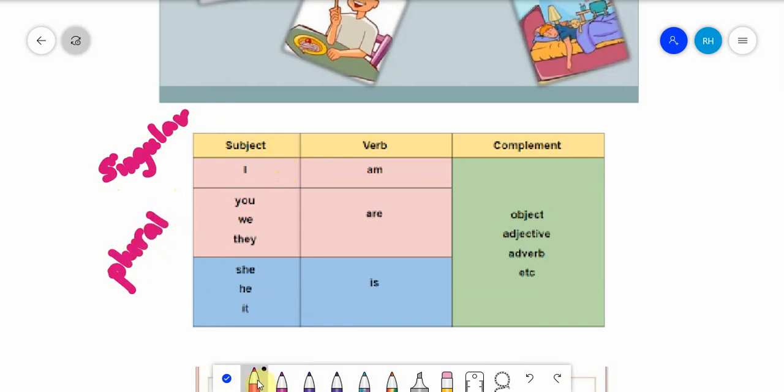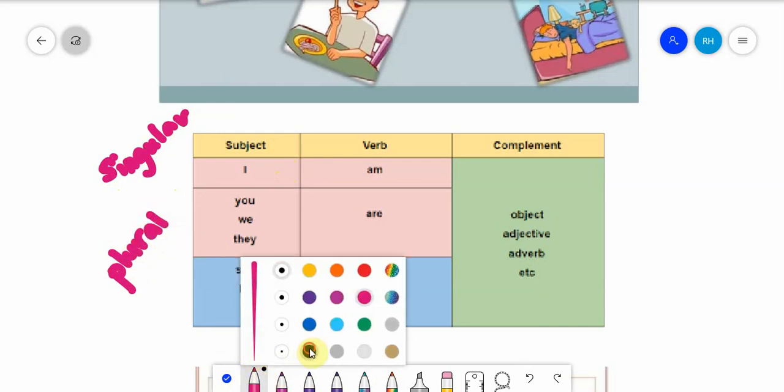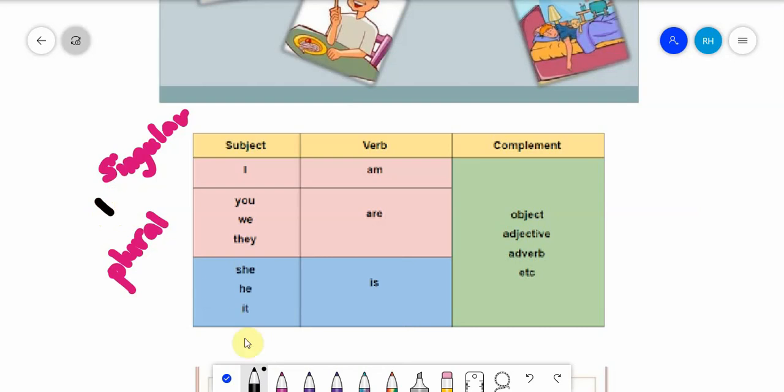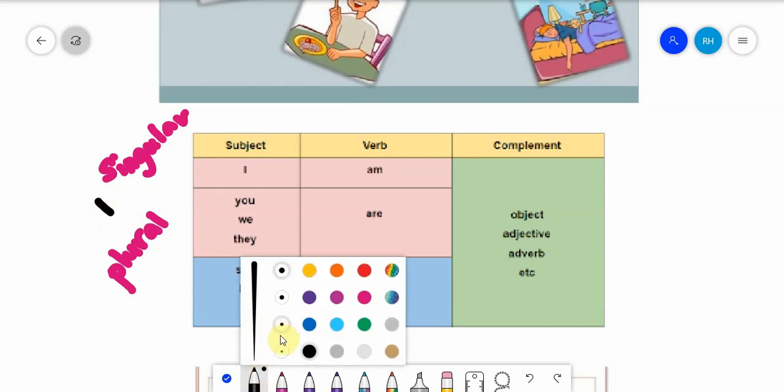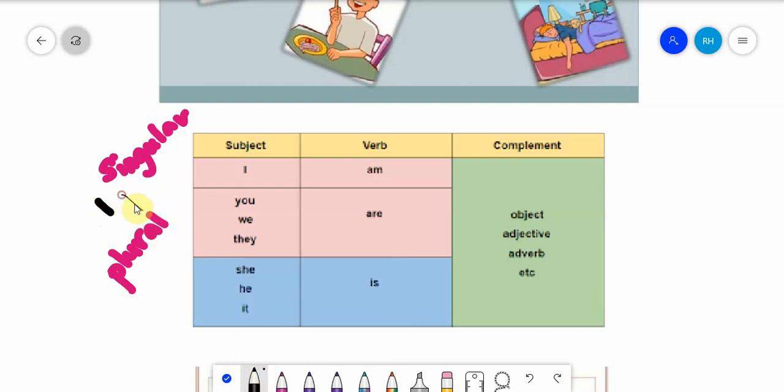What is the difference between singular and plural? Singular is a subject which consists of one person only. And plural is more than one.